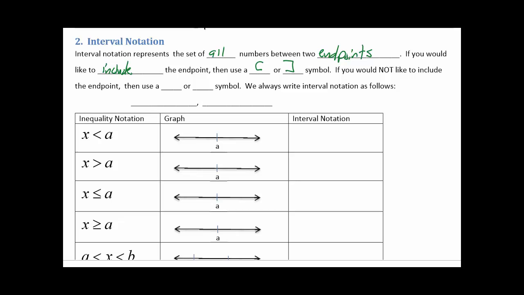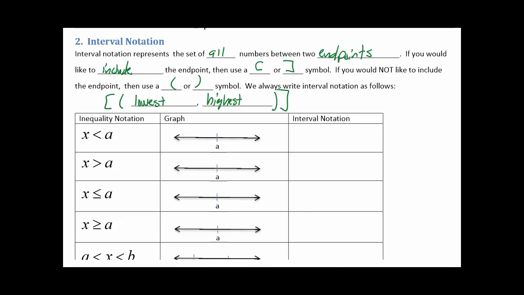And if we would not want to include the endpoint, then we use a parentheses. And we always write it, depending upon the symbol, from the lowest value to the highest value, sort of a number line order. And we just have to pick the symbol that goes appropriately on there.